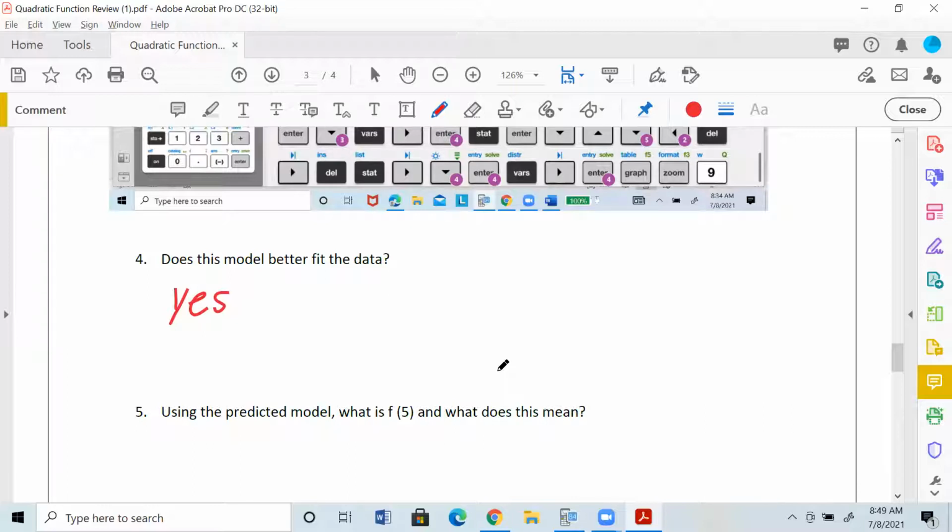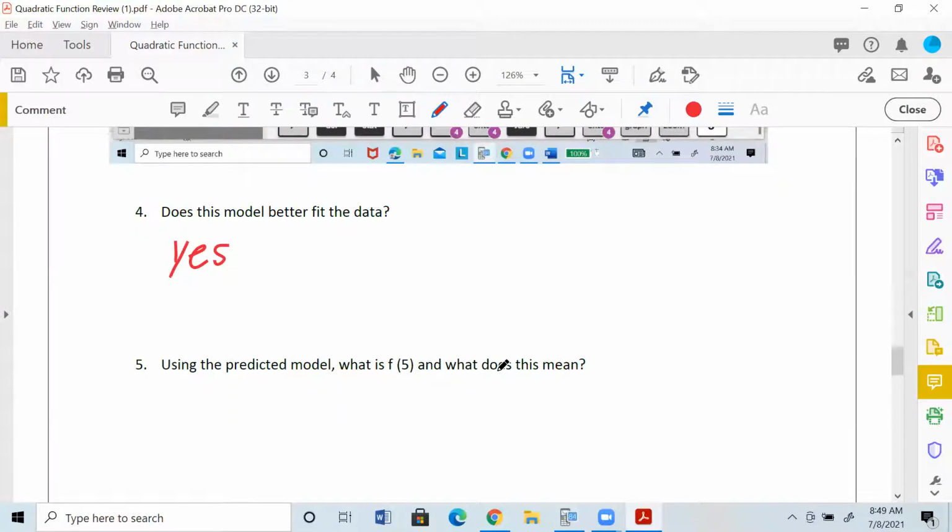So we're working a little bit more with function notation. Question number 5 asks us, what is f of 5 and what does this mean? Well, f of 5 means, what is the temperature when we plug in a 5 for our month? Whatever you see in parentheses here, this is the x value that you're substituting.